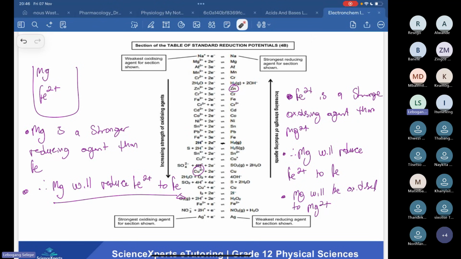So when it donates electrons to Fe, Fe3+ accepts those electrons, then it becomes Fe, right? But also at the same time, Mg will change from Mg to Mg2+ because it's losing electrons, right? And this is how you need to explain it.